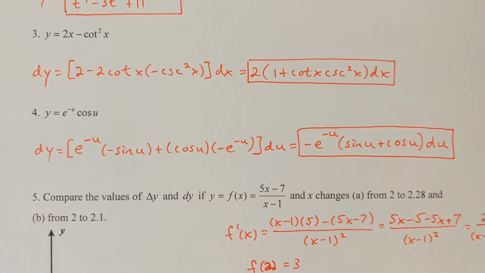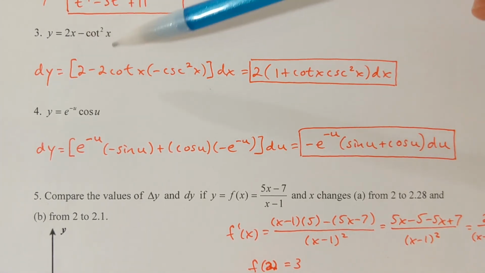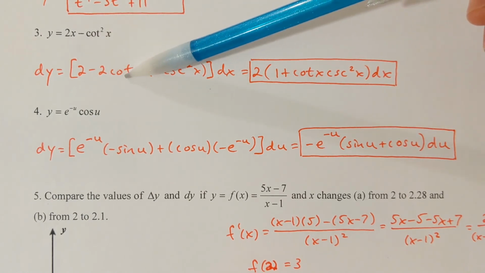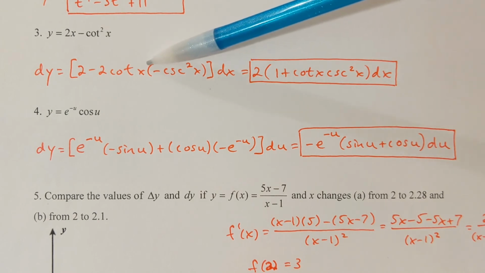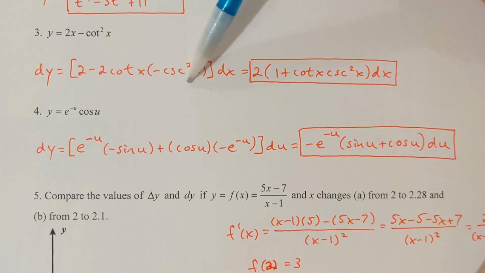Problem 3, y is equal to 2x minus cotangent squared x. For the differential dy, I find the derivative and then tack on a dx. The derivative would be 2 minus, and here's going to be a chain rule, so I want to bring down the power, reduce the power by 1, leaving cotangent x alone, but then I have to multiply by the derivative of cotangent x, which is negative cosecant squared x.